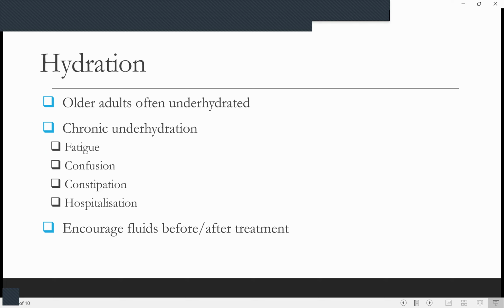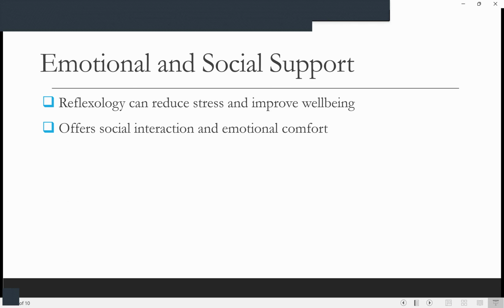I have contacted people several times, not often, but enough that it's worth it to get this information. So again, when I do my initial consultation, I get an emergency contact and I get permission from the client to contact them. So yes, hydration is a big issue for older people.